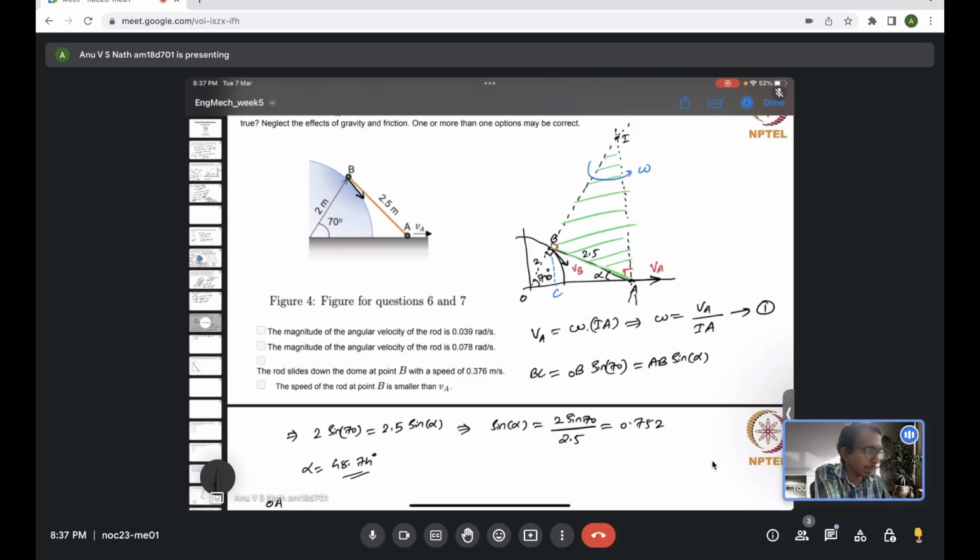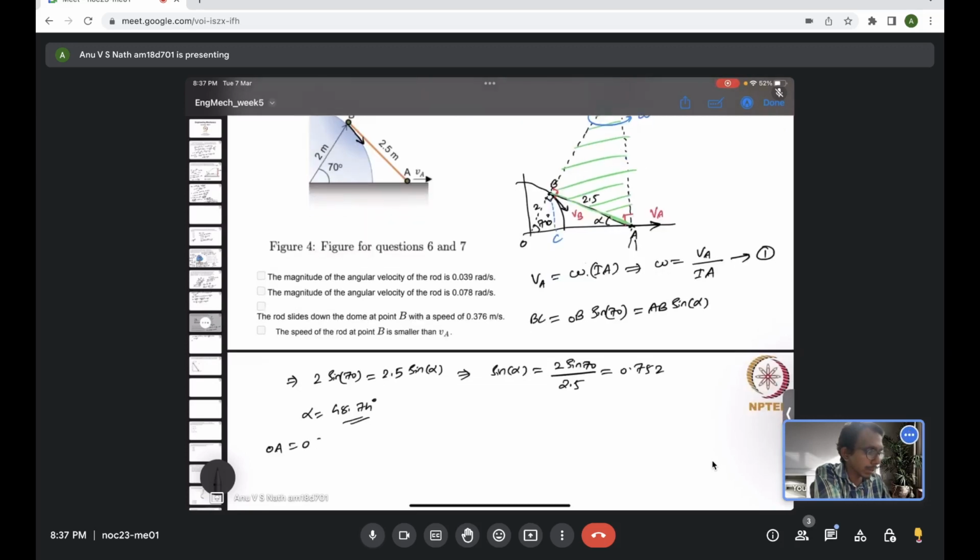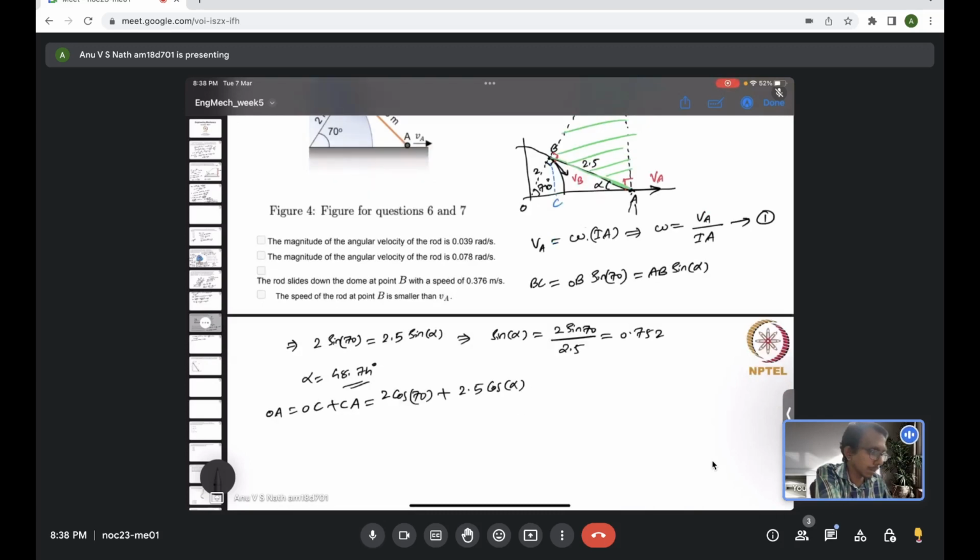OA is actually OC plus CA, right? Now OC is just 2 times cos 70 plus CA is 2.5 times cos of alpha. Now we know everything, 2 times cos 70, and alpha is also known. So let me substitute the value of alpha, which is 48.74.